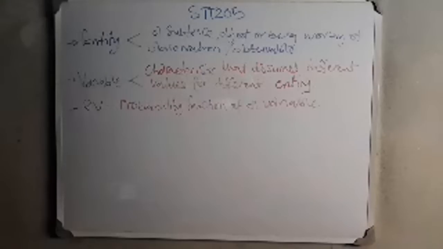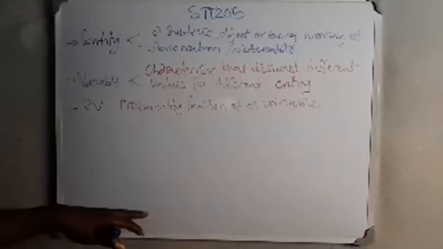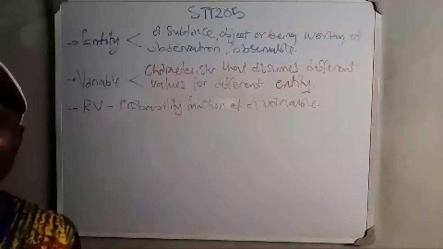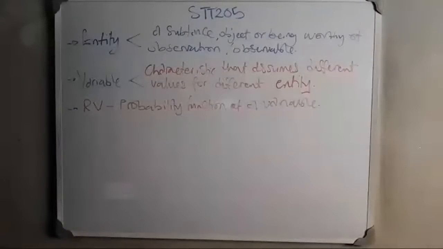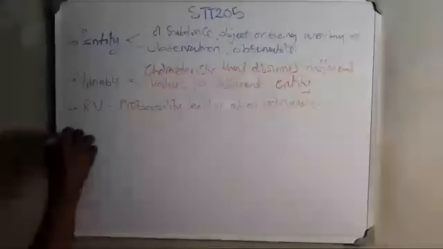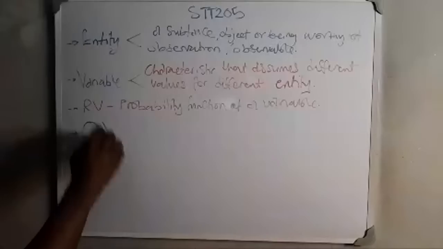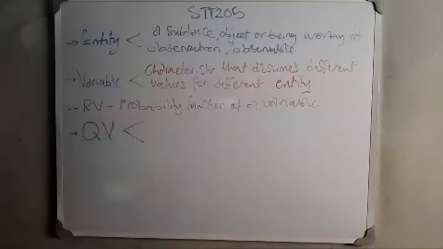So now we also have something called quantitative variable. This is a variable whose values are given as numeric quantities. I'm going to make my writing bold so we can see clearly now that the room is not so bright. So permit me to abbreviate QV, quantitative variable.